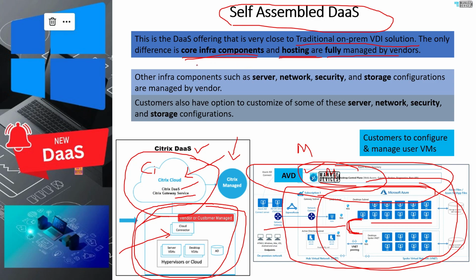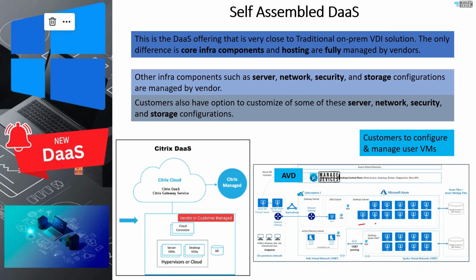But again, core infra components are entirely managed by the vendor, either Microsoft or Citrix or some other vendors like VMware, etc. Other infra components such as server, network, security, storage, and configurations are managed by the vendor. In a public cloud scenario like this, the infrastructure is entirely managed by Microsoft: the server racks, storage, disk, etc. But customers also get the option to configure or customize servers, network, security components and storage.